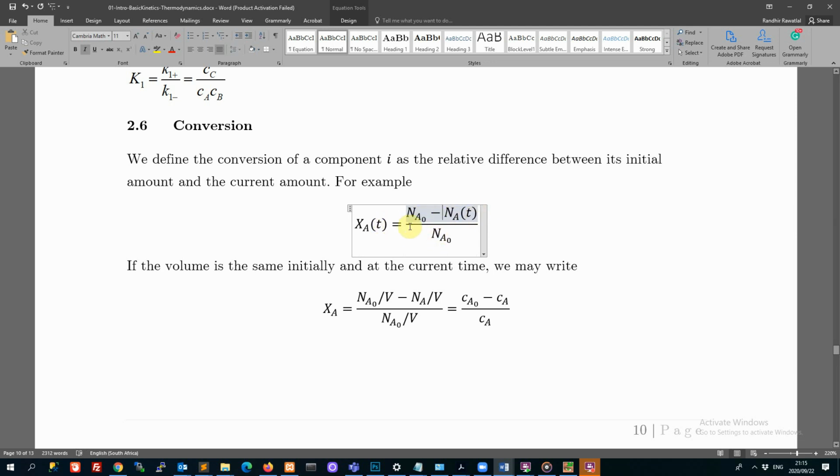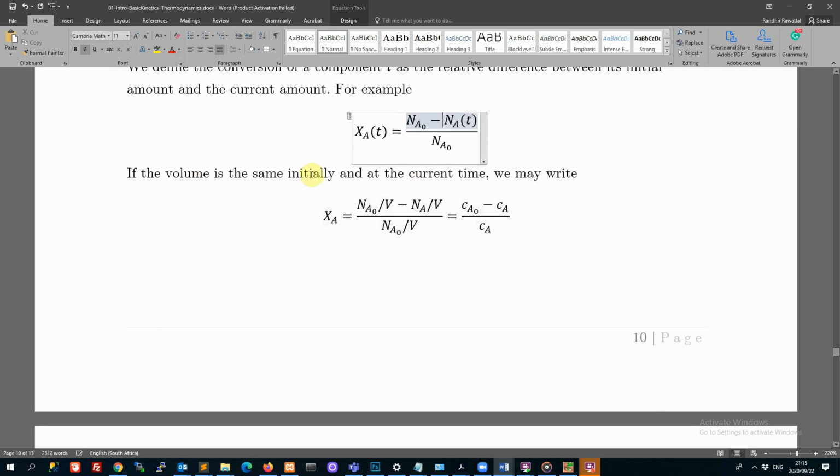For example, if we started out with 10 moles of A, and we now have 3 moles, so 10 minus 3 is 7, then 7 divided by the initial 10 is 0.7. So we can say the conversion is 0.7, so 70% of A has been converted. That's the concept of conversion.